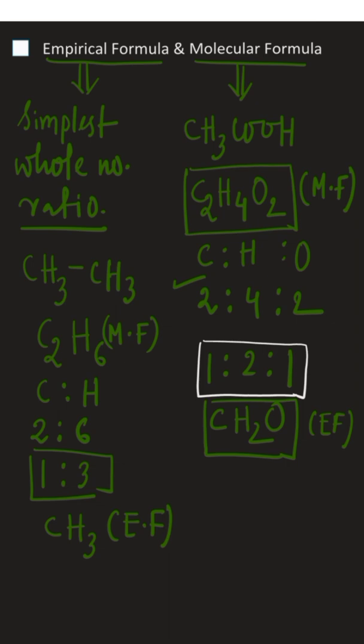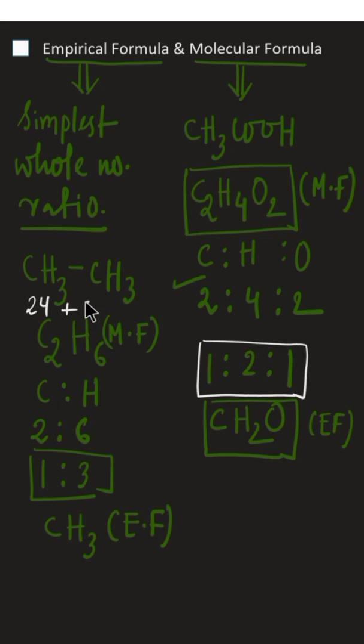Now if it is clear, we will discuss one more point regarding the empirical and molecular formula. What is the molar mass of ethane in its molecular formula? There are 2 carbons, and each carbon has an atomic mass of 12, so 2 into 12 is 24, plus there are 6 hydrogens, and each hydrogen has an atomic mass of 1, so 6.